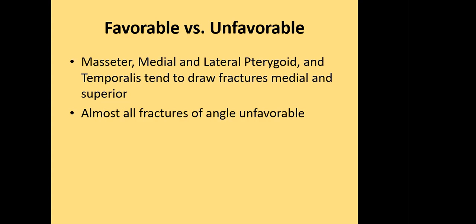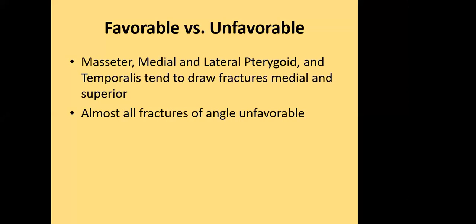Unfavorable means it's very hard to reduce them, particularly when you are using intermaxillary fixation, because the fractured end is pulled away because of the muscles. And the muscles are listed here: the masseter, medial and lateral pterygoids, and the temporalis muscles. And so they will be pulling the fractured end away from the main body. So it makes it very unfavorable.